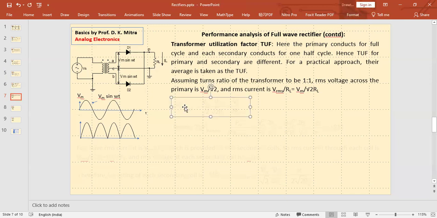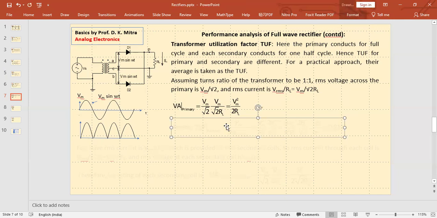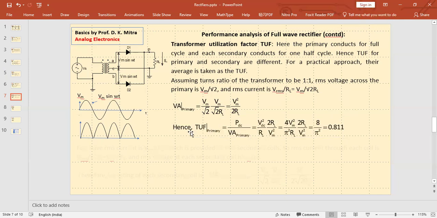Now, what is the VA rating of the primary? It is voltage Vm by root 2 multiplied by the current Vm by root 2 RL, that is Vm square by 2 RL. So that is the VA rating of the primary, on which primary cost will be decided. Then what is the transformer utilization factor of the primary?